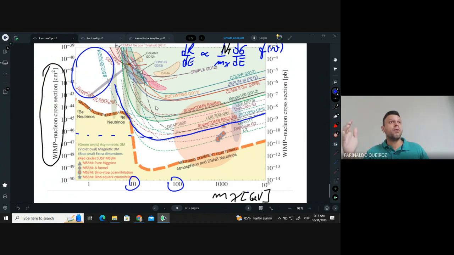If I see something more, it's a signal. They have to have a very good understanding of their background in order to claim the observation of any dark matter signal. So it's tricky in this sense, but some experiments have given up the second readout technique to then be able to cover light dark matter particle masses.